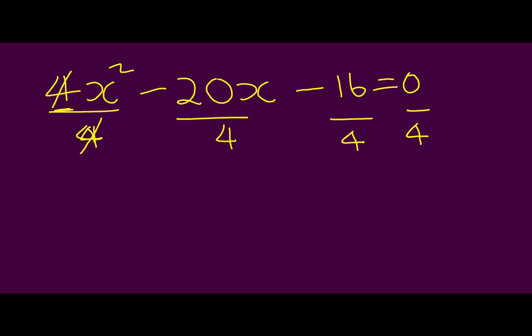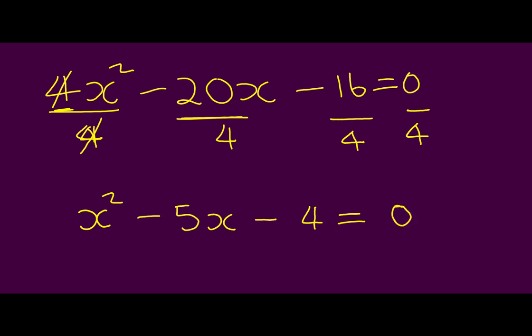It's going to be x squared. And then 20 divided by 4 is negative 5x. And negative 16 divided by 4 is going to give us negative 4. Then on this side, 0 divided by 4, 0 divided by anything, is 0.